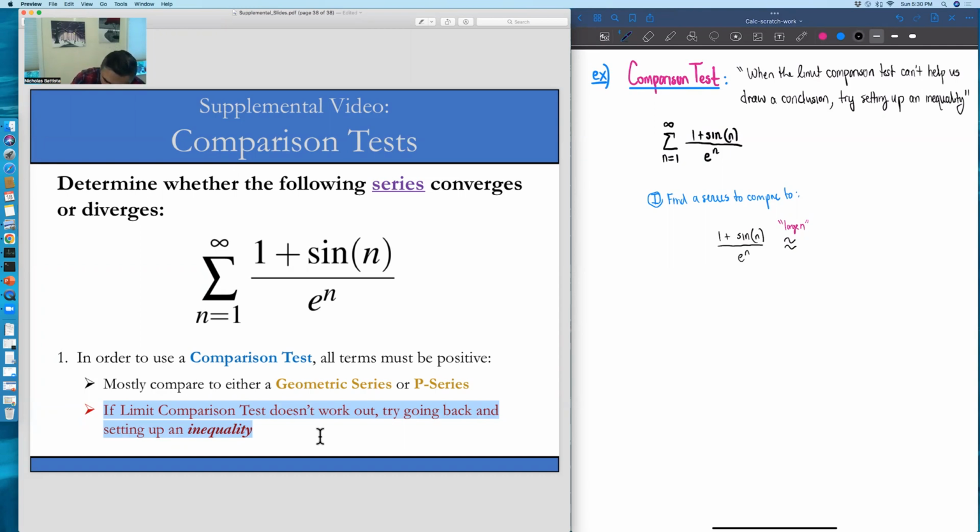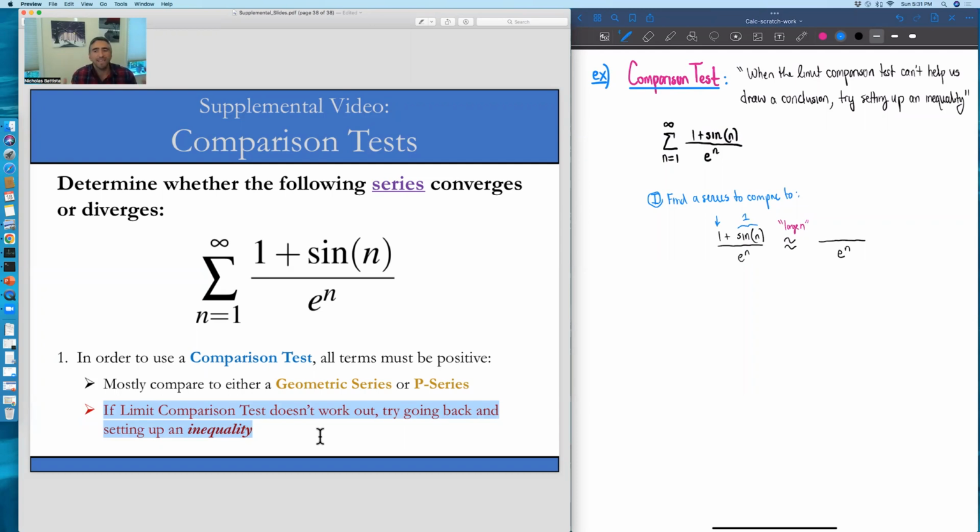If we start off with these types of questions, there's one term in that denominator, the e to the n, so we're just going to pull that to the right-hand side. Now if we look at this numerator and ask the same question, who's contributing the most for very, very large values of n? Well, the 1, that's always a 1. The sine of n, the largest that thing is ever is 1 as well.